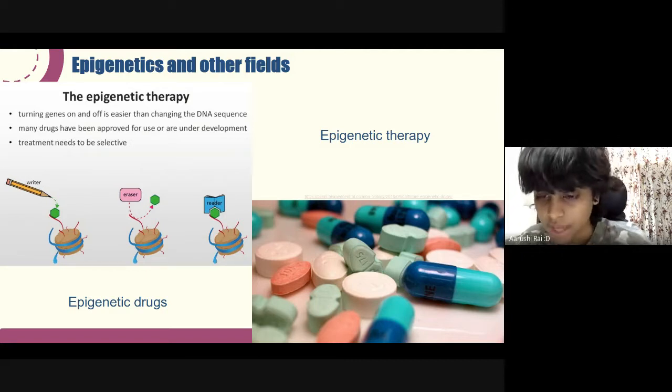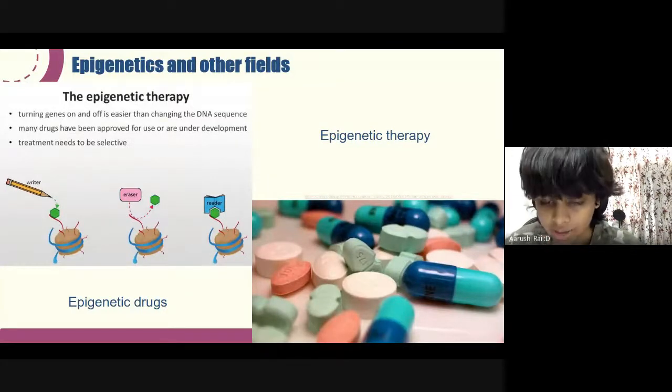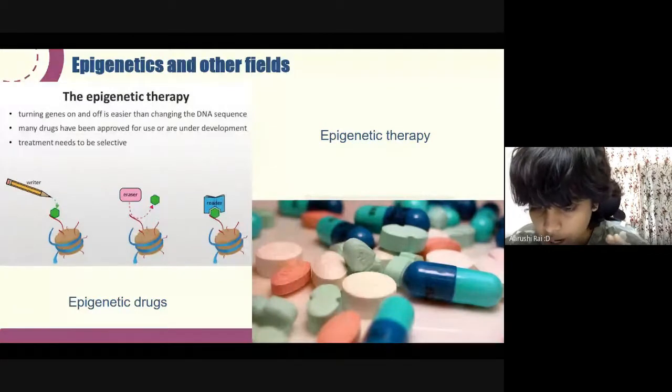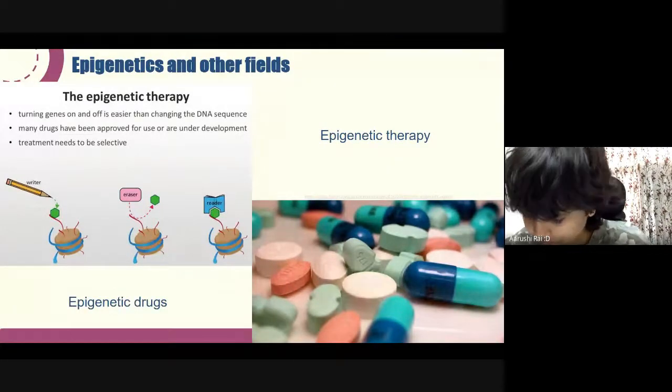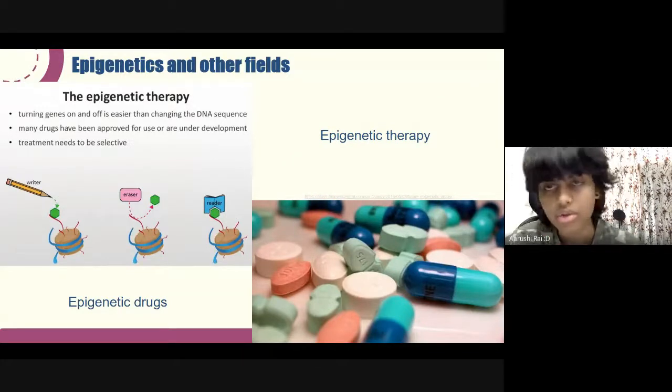Epigenetic therapy is a lot based on epigenetic drugs, which basically work on the fact that most of these changes that we have looked at are reversible. DNA methylation, histone methylation, and acetylation can alter gene expression. These drugs target these modifications to alter the gene expression.